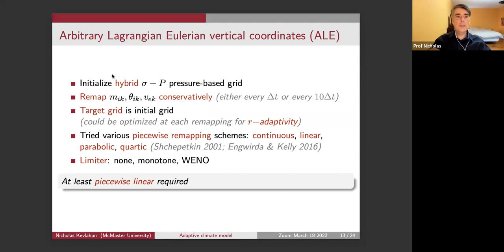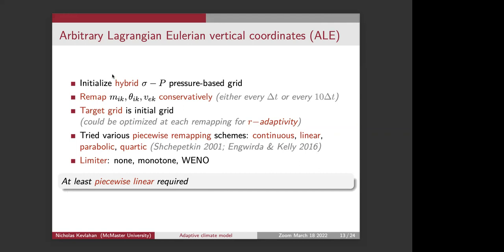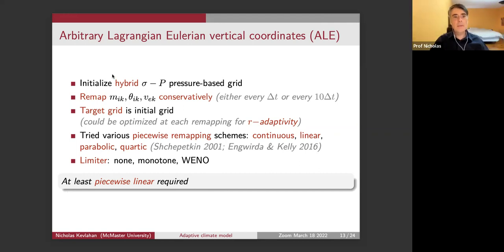Because it's only one dimensional, we don't have the problem of mesh distortion in terms of wrapping around or anything. That's a very important point. We only have ALE vertically. Horizontally, it's an Eulerian grid, but an adaptive Eulerian grid. So we don't have those problems that ALE has if you're doing it, say, in a two-dimensional grid.